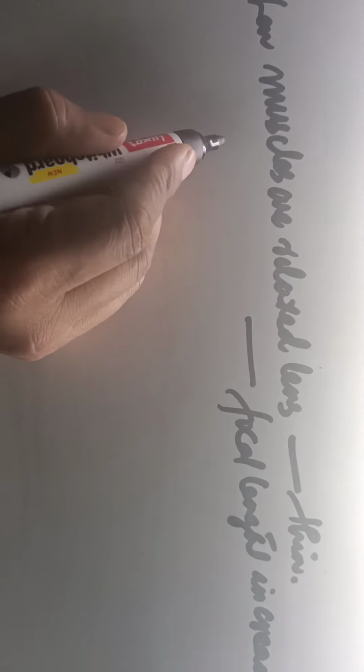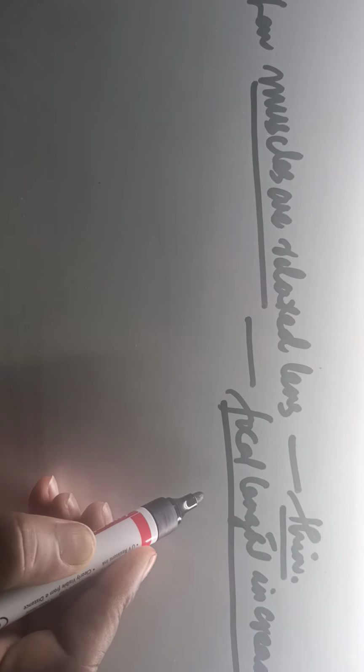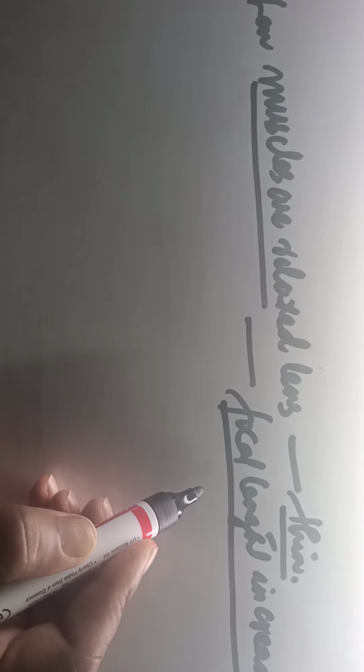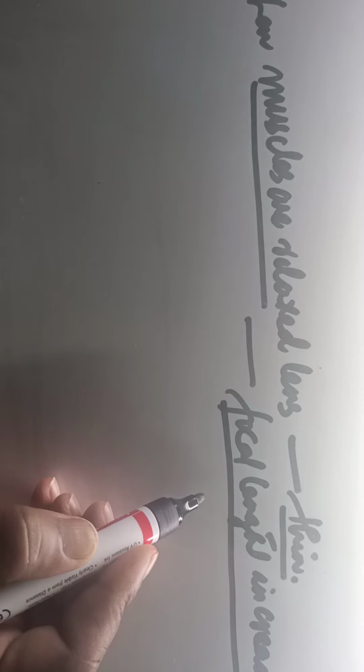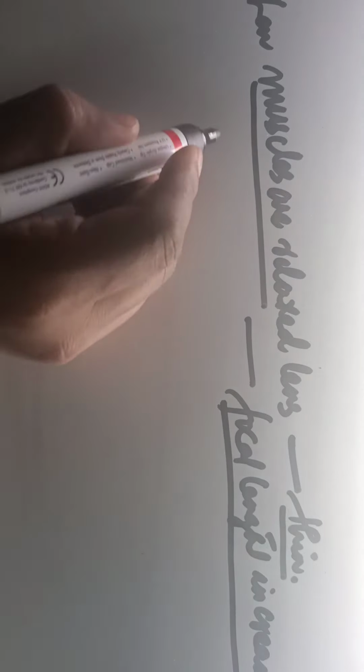In this situation, when the eye muscles are relaxed and the lens becomes thin, the focal length increases. In this case, you are able to see distant objects clearly.